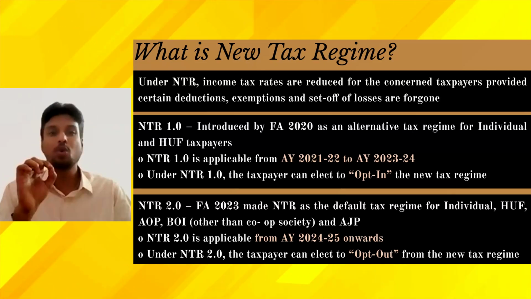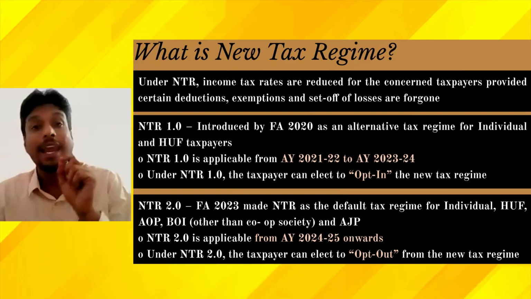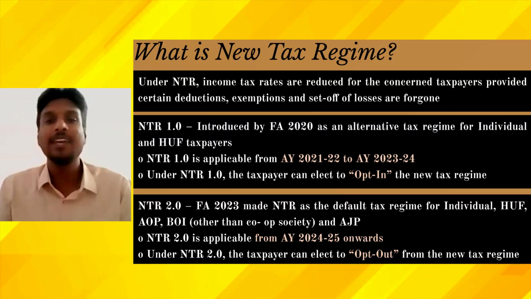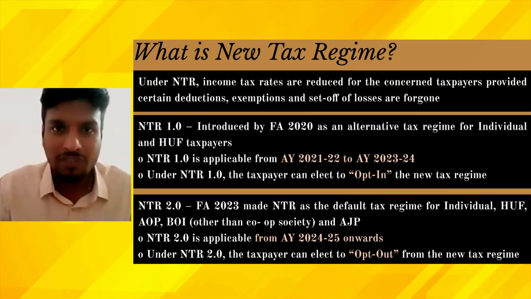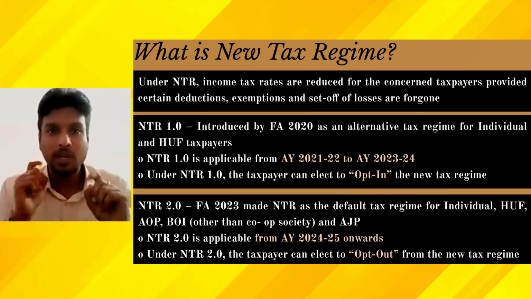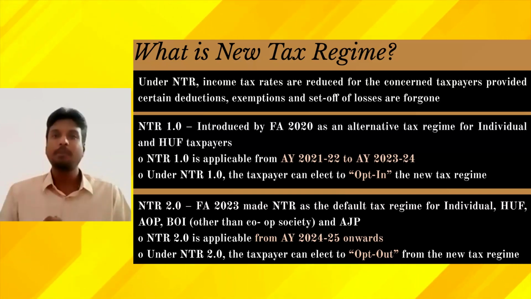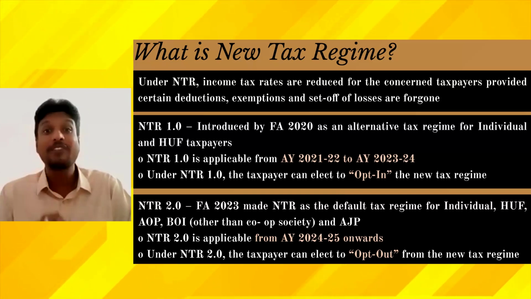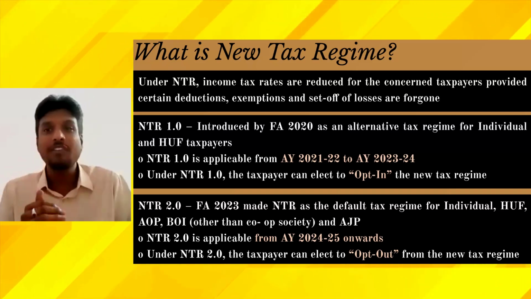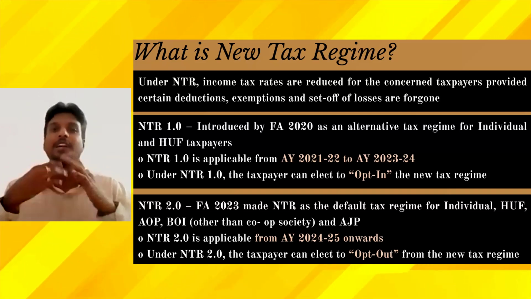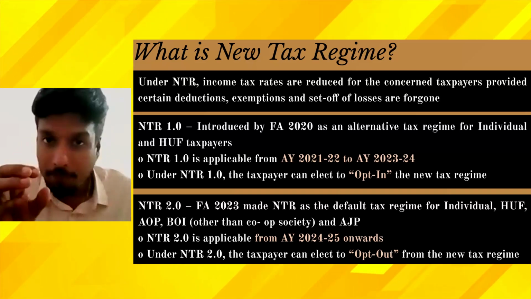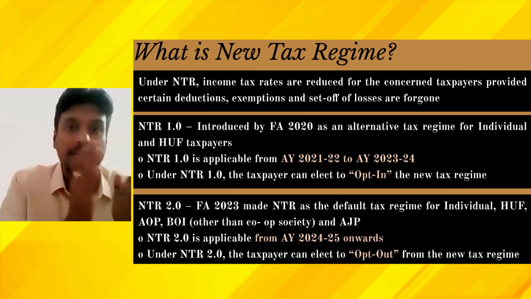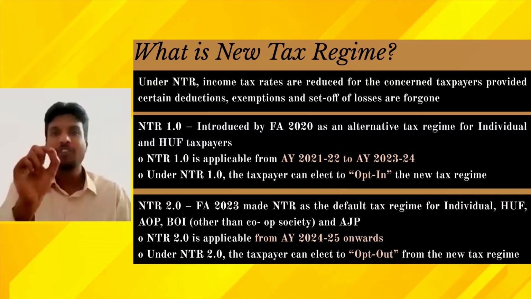So under the new tax regime, the taxpayer can elect to opt in. This was the applicability for assessment year 21-22 till 23-24, and the mechanism was by way of opting in, by way of choosing in. Otherwise, if he does not prefer to opt in, then he will continue to be in the old tax regime. That is the meaning of opt-in.